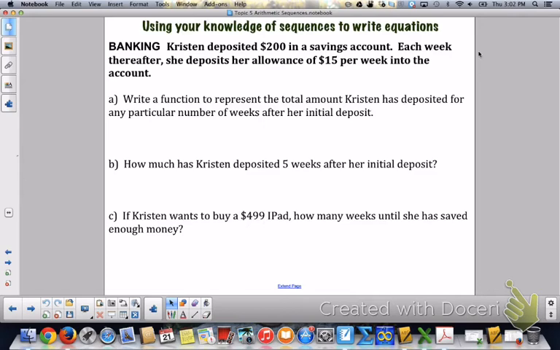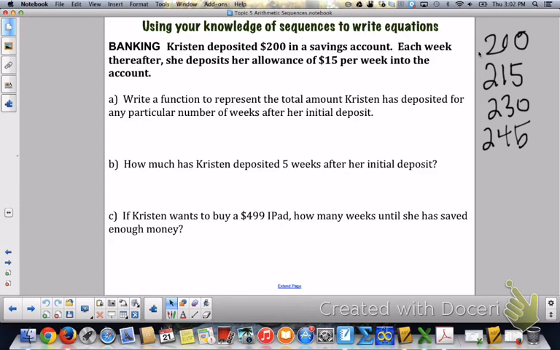Okay, so using your knowledge of sequences to write equations. Kristen deposited $200 in a savings account, so she starts with $200. Each week thereafter she deposits her allowance of $15 per week. So the next week she deposited 15, she now has 215. The next week she deposited 15, she now has 230. And then next week she has 245, and so on.